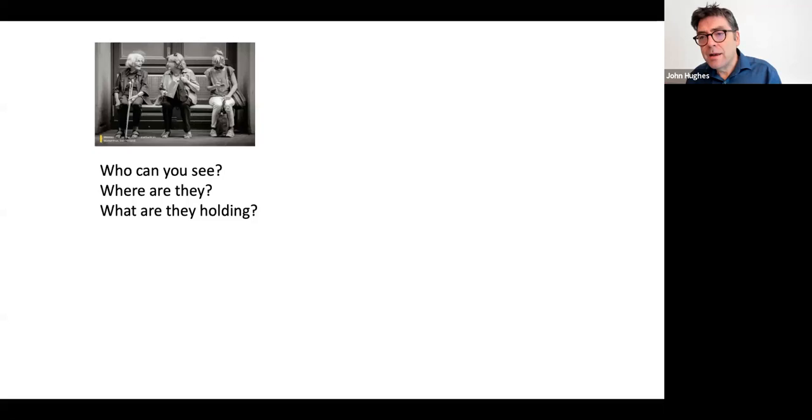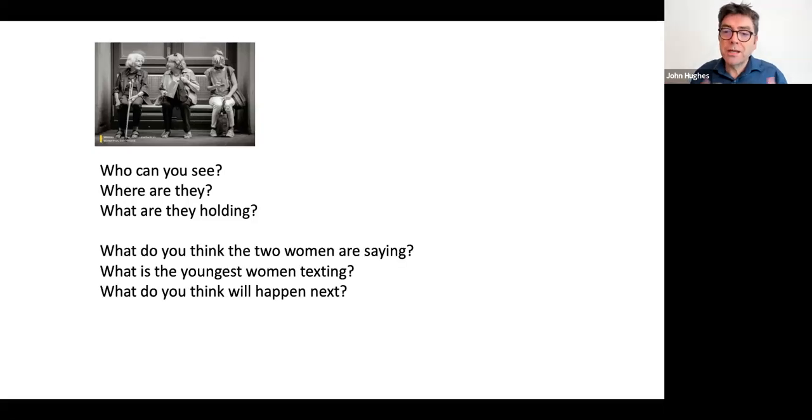But then I want to start asking creative thinking questions. So my creative thinking questions would be, well, what do you think the two women are saying to each other? What do you think they're talking about? What do you think the younger woman is texting? Do you think the younger woman is listening to the two older women and what she's saying about them to her friends?